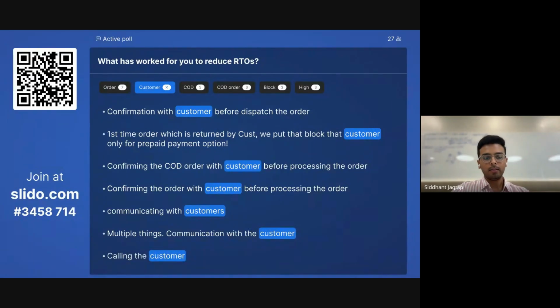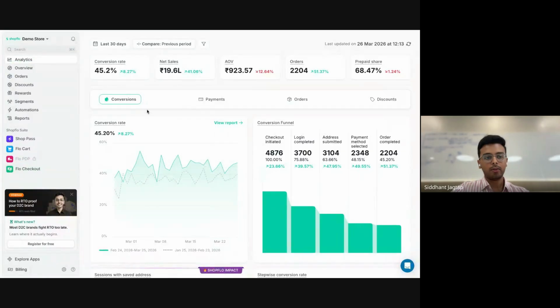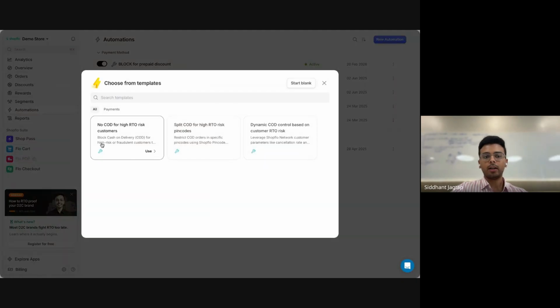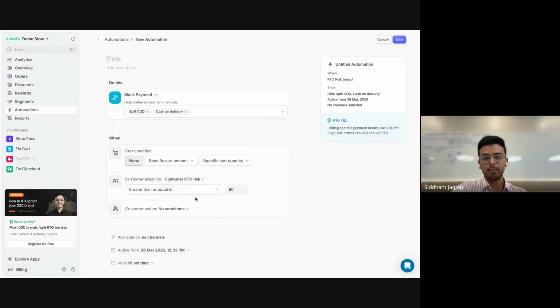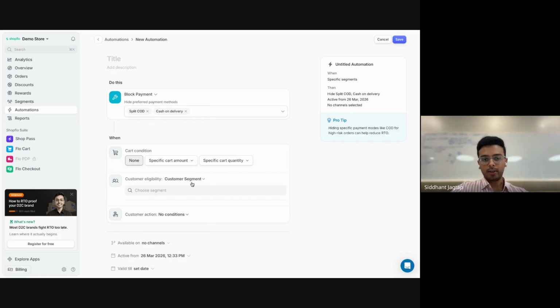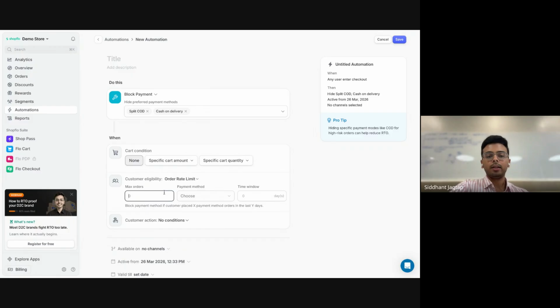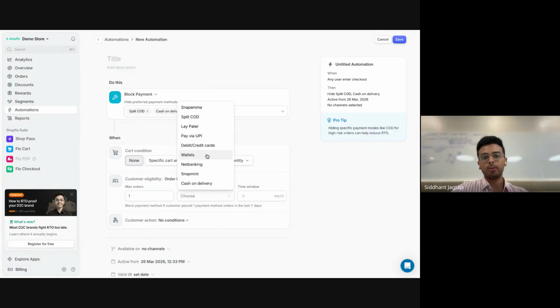I'll just quickly show you on the Shopflo dashboard as well. People in the audience, I can see some of the Shopflo customers already. We have this automations feature where you can simply start blocking COD for high-risk customers, for example. Or you can block people based on a particular segment or a particular UTM. You can also limit the order rate: I just want one COD order in 5 days per customer, or 10 days per customer.